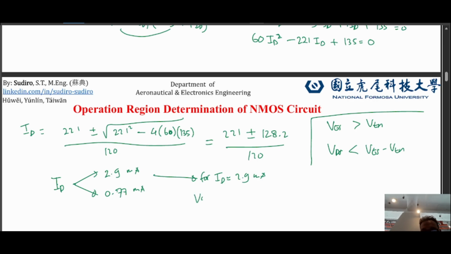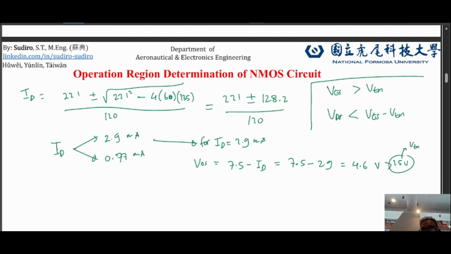Okay, VGS firstly is equal to 7.5 minus ID. It's equal to 7.5 minus 2.9 is equal to 4.6 volt, which is greater than 1.5, this is VTN. This first requirement is satisfied, but how about the VDS?